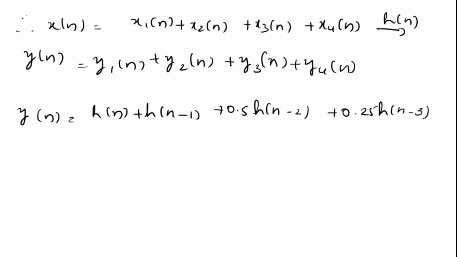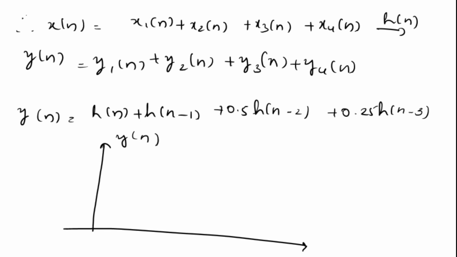Then y of n will be, after adding all the individual signals, we will get y of n as at 0 the value is 1. At 1, adding all the signals, we will get 1.5. At 2 we will get 1. At 3 we will get 0.5.